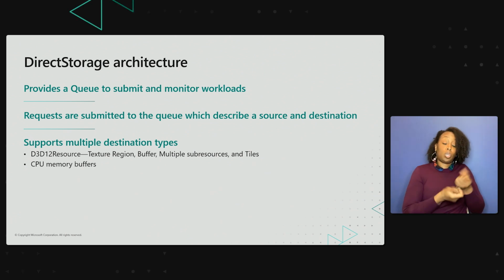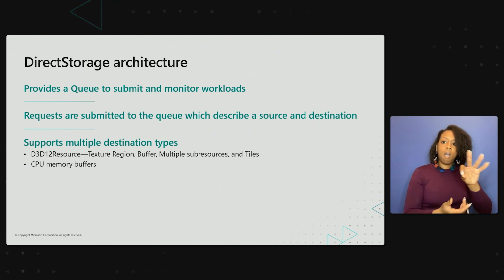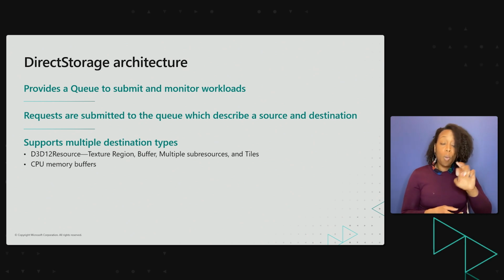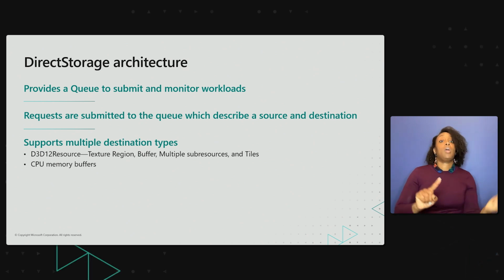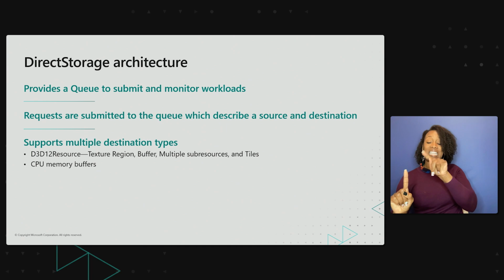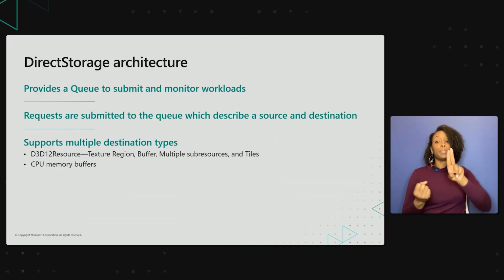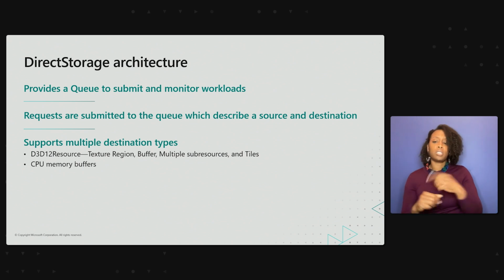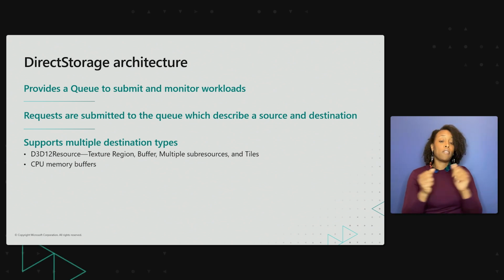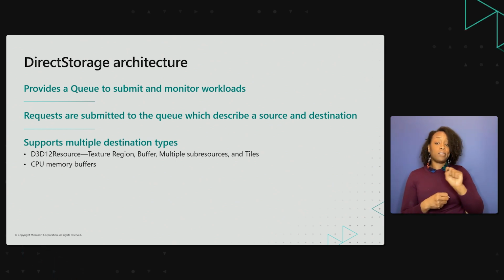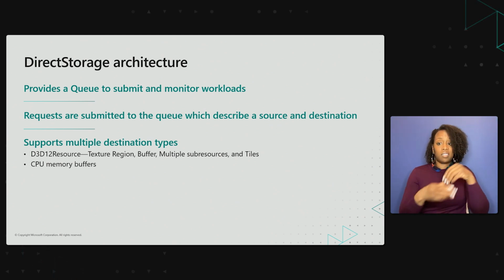The request defines a source, which is a file, an offset, and a size, or it could be CPU memory, and a destination, which is commonly a D3D12 GPU resource. A destination could also be a memory pointer if you desire. Supported GPU resources, the destinations, will include things like textures with full MIP chains, texture regions, tiles, and individual sub-resources in a texture.